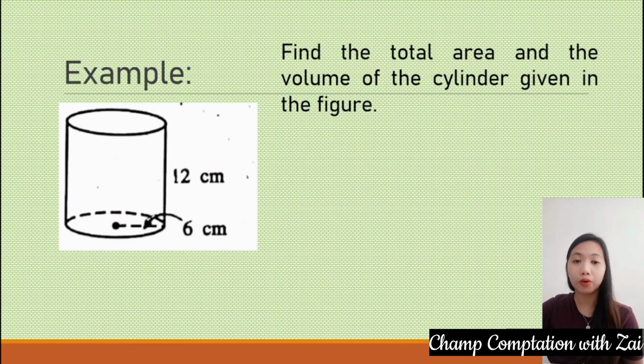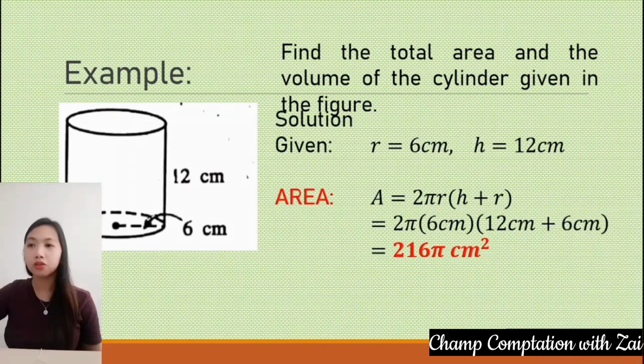So for example, find the total area and the volume of the cylinder given in the figure. Given the radius of 6 centimeters and the height of 12 centimeters. For the total area, we have the formula 2 pi r, quantity h plus r.